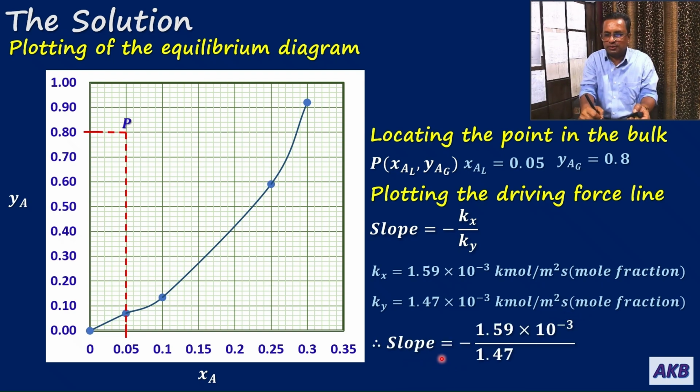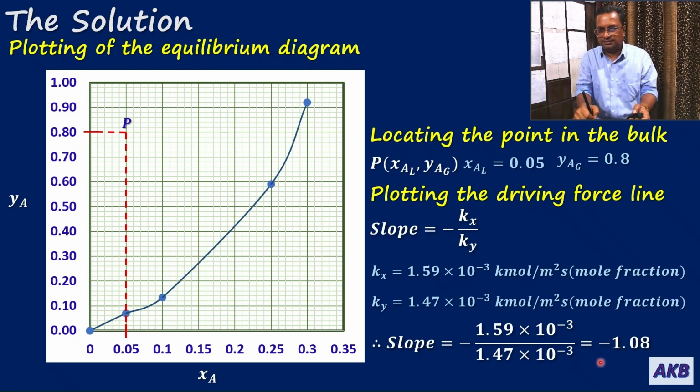Therefore slope will be equal to minus 1.59 into 10 to the power minus 3 divided by 1.47 into 10 to the power minus 3, which comes out to be minus 1.08. So now the driving force line will be plotted with a slope of minus 1.08. So let us do that.